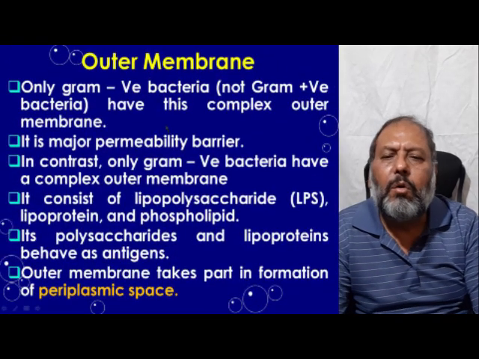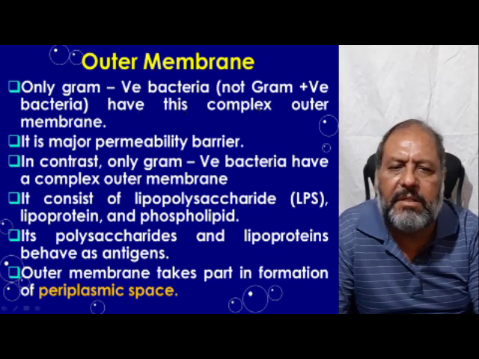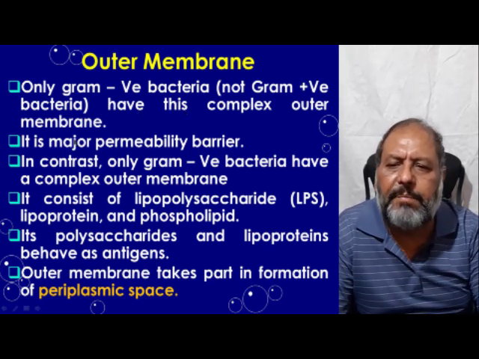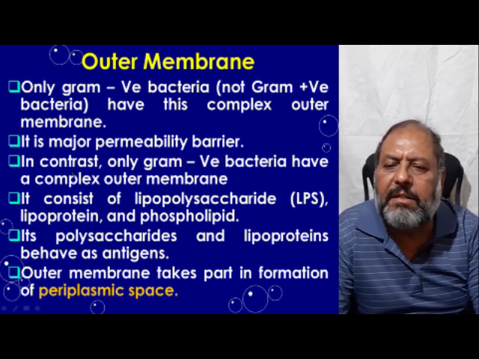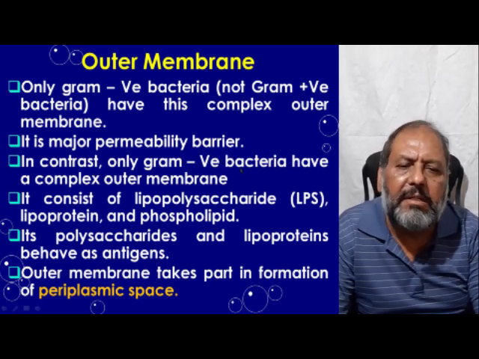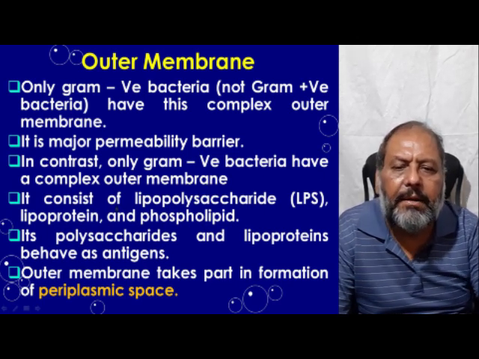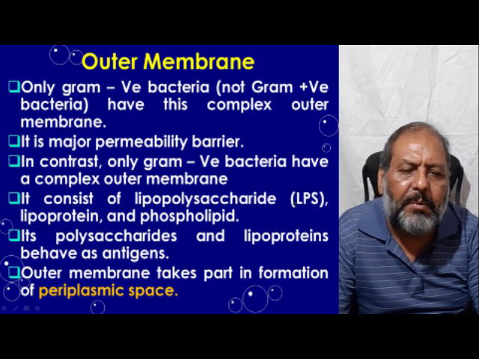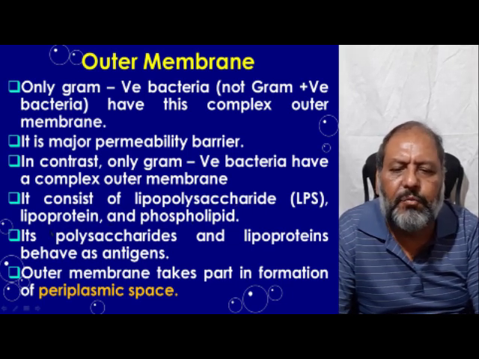Only the gram-negative bacteria, not the gram-positive bacteria, have this complex outer membrane. It's a major permeability barrier. It consists of the lipopolysaccharide, LPS, lipoprotein, and phospholipids.